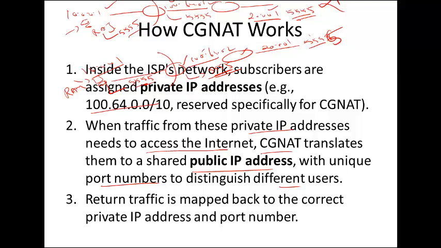So traffic was easily going from inside to outside, but when traffic tries to come from outside, that becomes a challenge. In such a situation, we do static mapping. Whenever traffic comes from 100.64.0.1, I want only this port number to be translated along with this IP address.